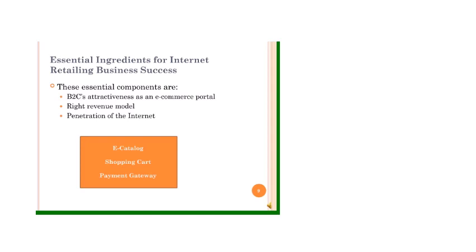Will we use an e-catalog, which is basically just a database of products, prices, and availability of our stock? Will we have a shopping cart, where the customer selects their items and fills a shopping cart, and at the time of the checkout, the system then calculates the price to be paid for the product, and in most cases this is done in real time.